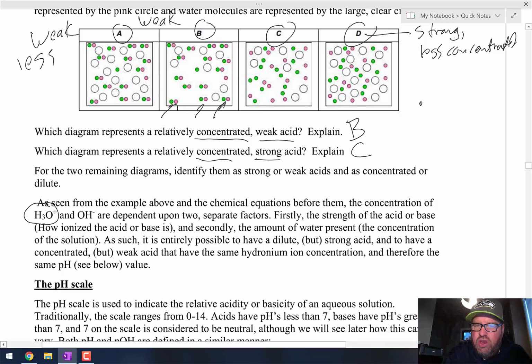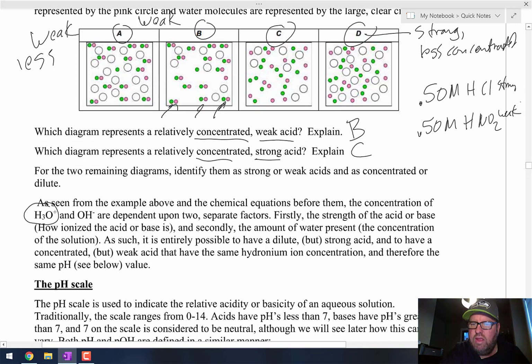So imagine you have a 0.5 molar solution of HCl and a 0.5 molar solution of HNO2, which is, again, this is strong and this is weak. Okay, which one has a greater number of hydrogen ions? Certainly HCl is a stronger acid. Which one has a greater number of hydrogen ions in it? Absolutely this one. All of those H's that are here will convert to H pluses. So you have 0.5 molar HCl.